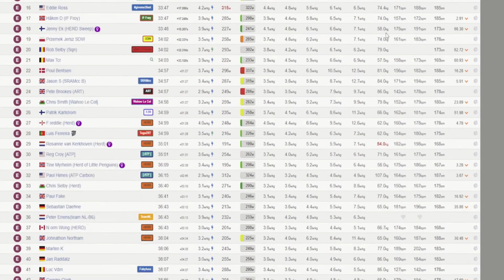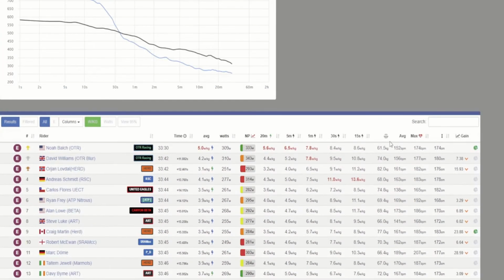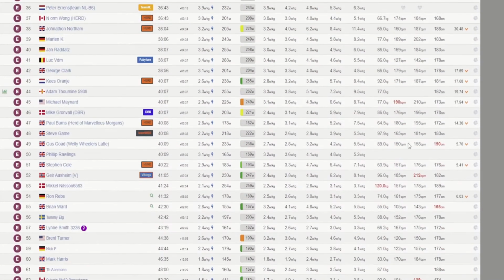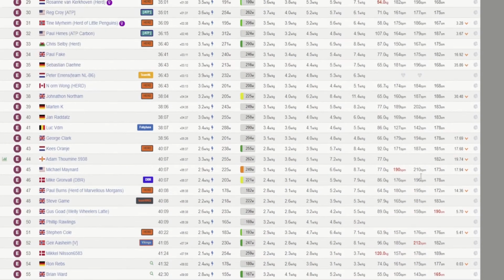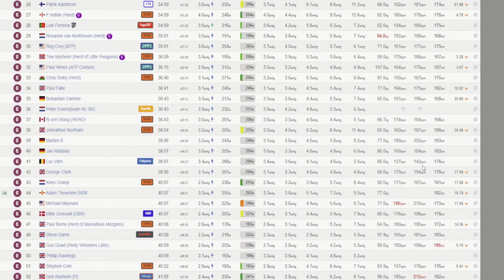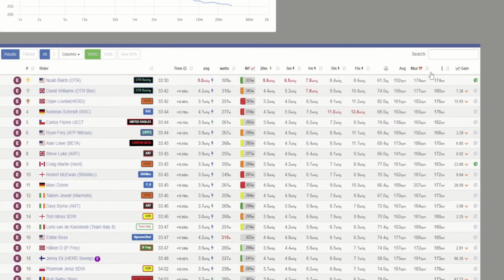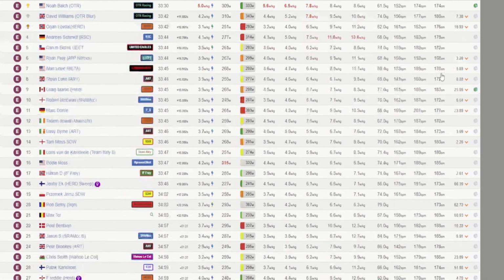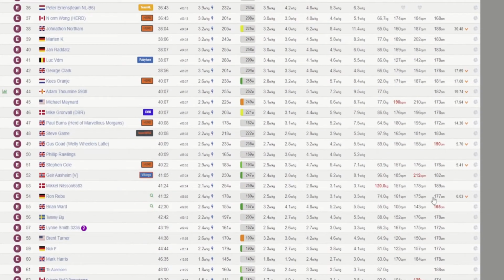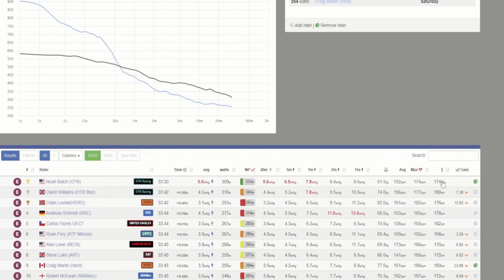You can see who was the heaviest and the lightest in the race, and who had the highest average and max heart rate in the race as well. That heart rate's so individual, it's not really that useful information. And this is height, so you can see who was the tallest and the shortest in the race. And then this gain, that is your ranking performance.